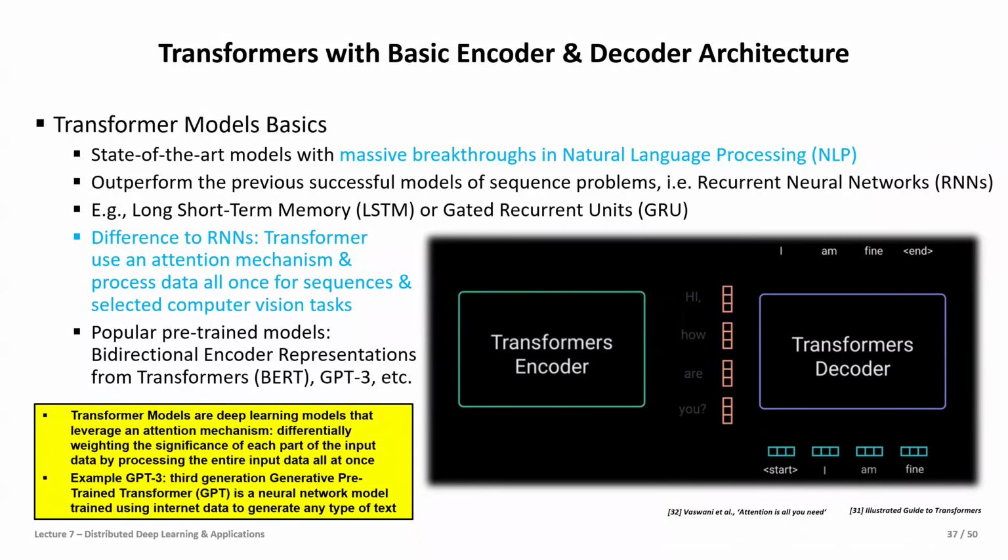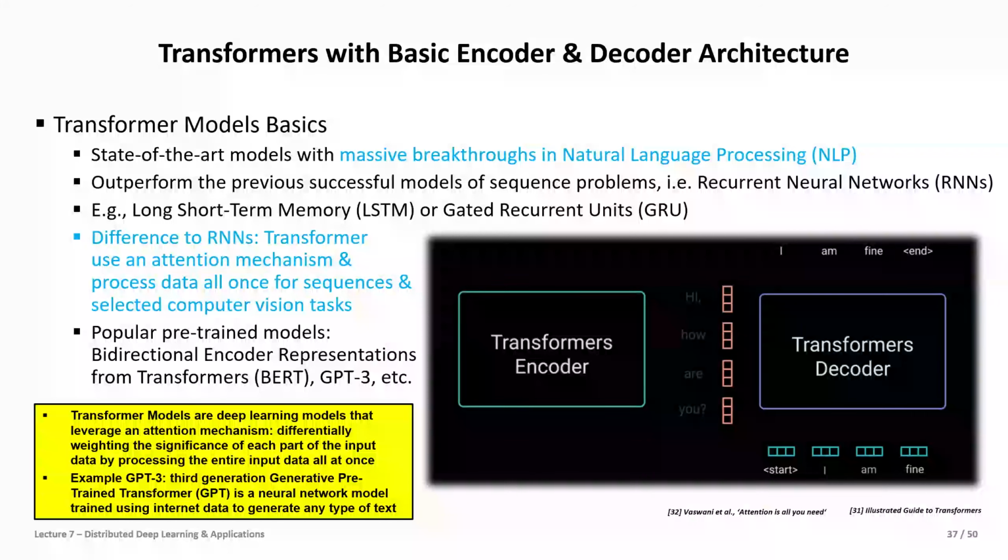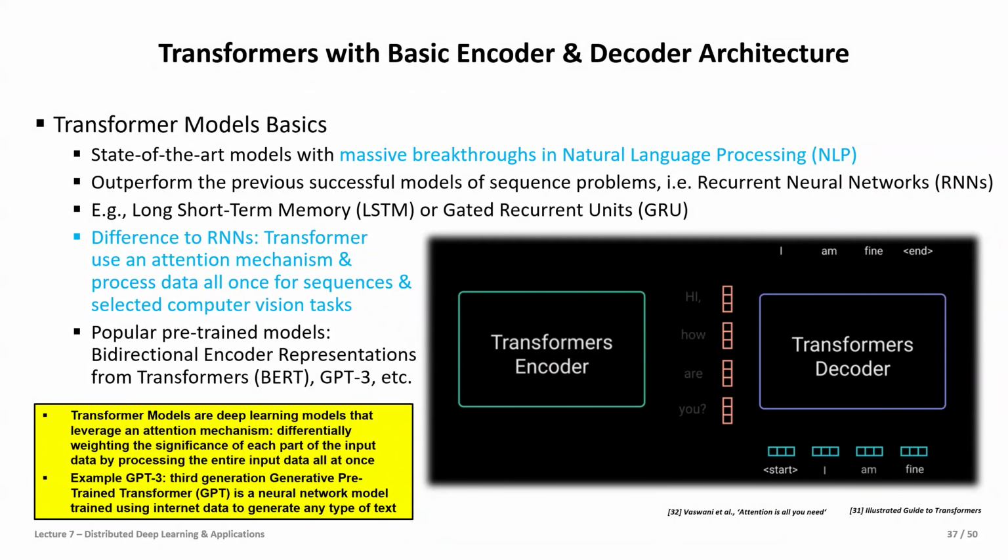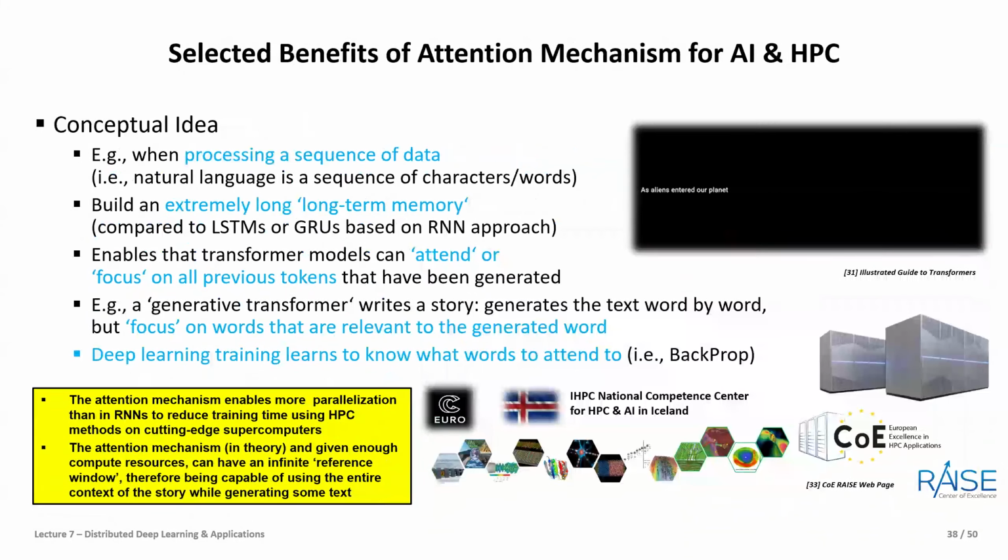So you have different weights on the significance of each of the parts of the sentence that you have. And GPT and these kind of models that you already know from ChatGPT are based on these models. And the interesting thing is they're basically much better than LSTMs or gated recurrent units, but they of course also need very large quantities of data to perform very well.